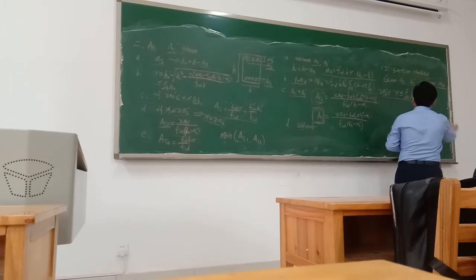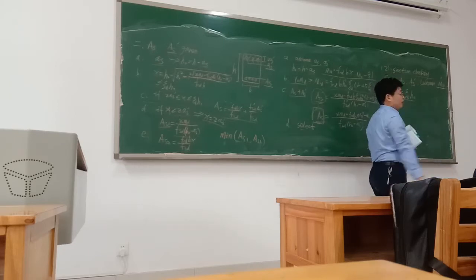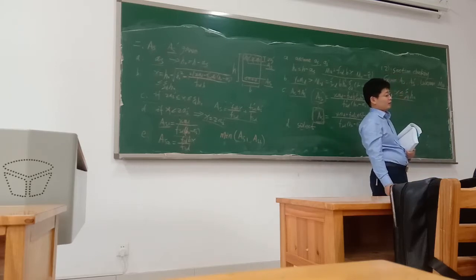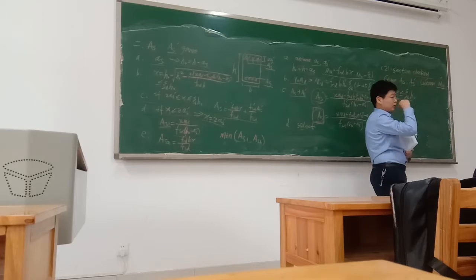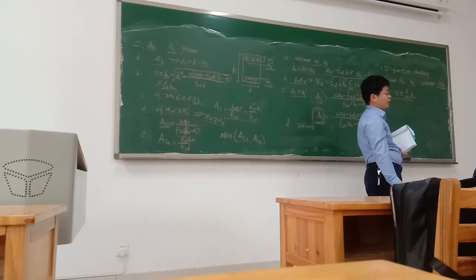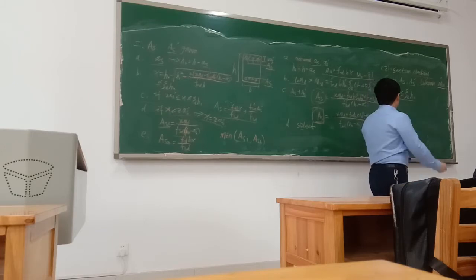If you use the basic equation directly, x should satisfy this requirement. If x doesn't satisfy this requirement, how do we calculate M_u? So our book tells you how to do.